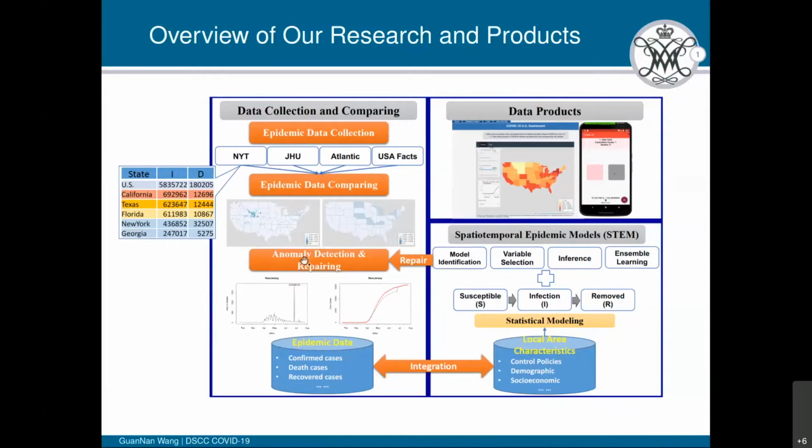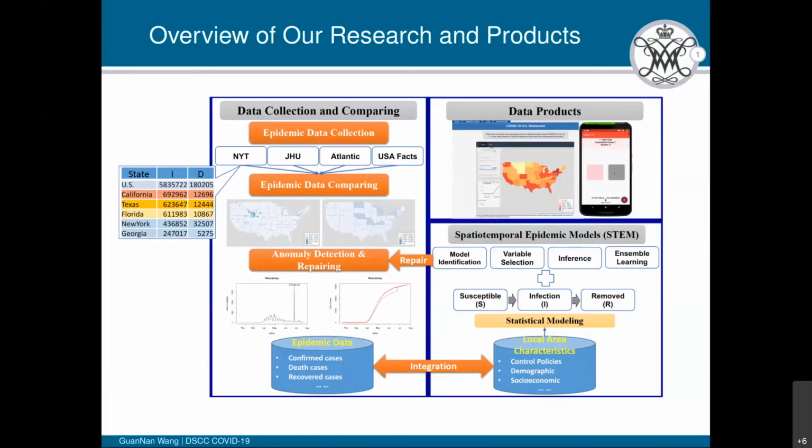For example, we dig into the reason for this big jump, and it's due to New Jersey starting to report probable deaths and adding 1854 probable deaths, which could date back to the earlier outbreak. After the anomaly detection, we explore three types of methods to repair the problematic data.